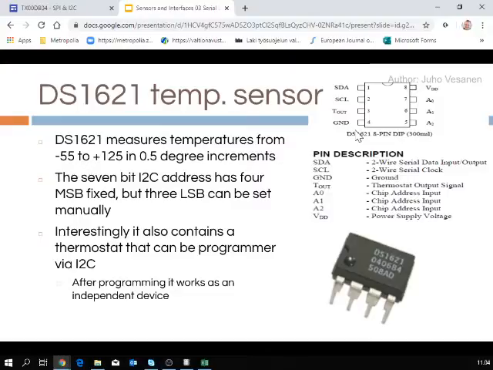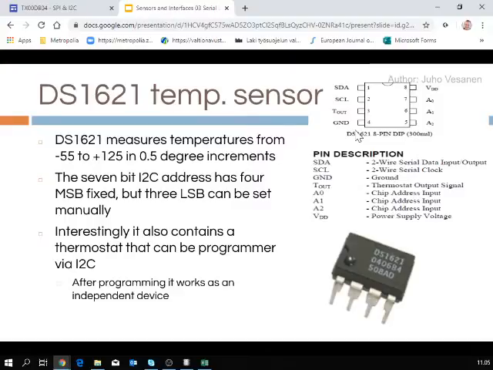There is one temperature sensor like that. Actually, this is a pretty useful device if you want a self-working thermostat for some application.